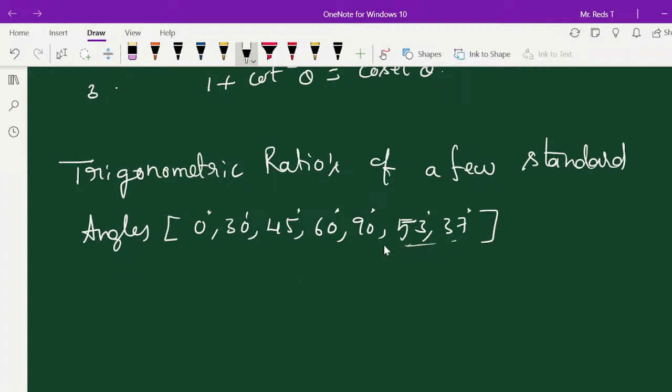So what are the values of trigonometric ratios for these standard angles?